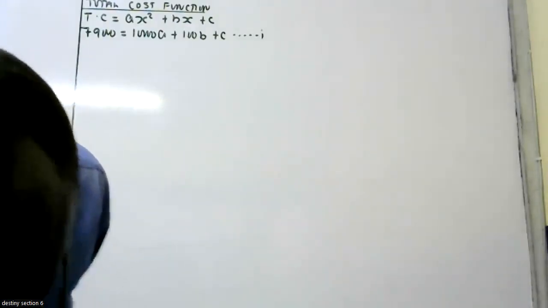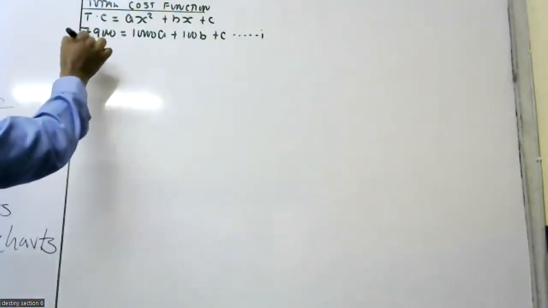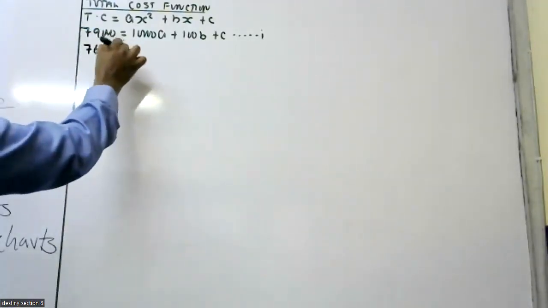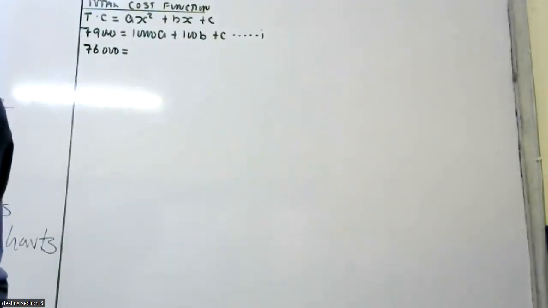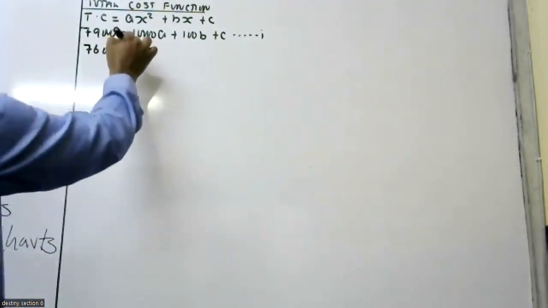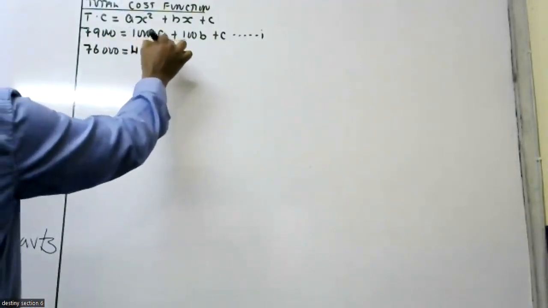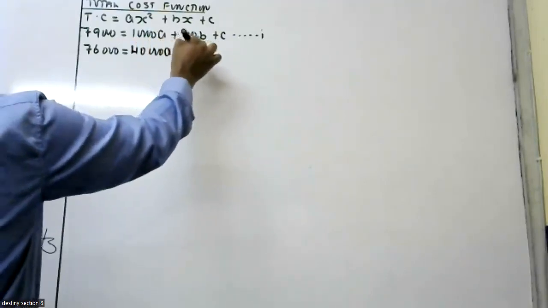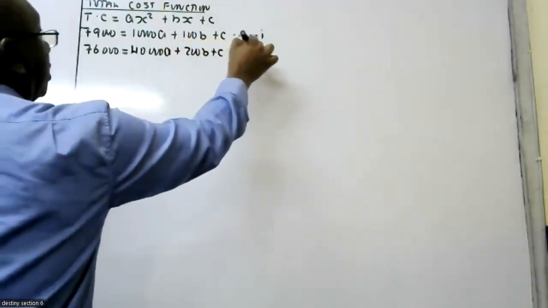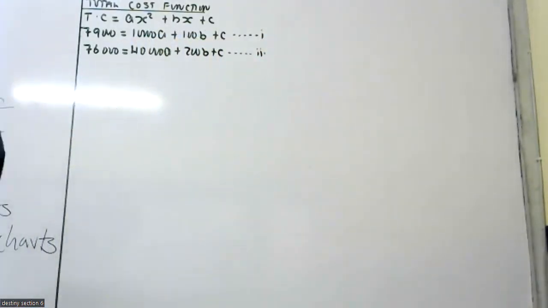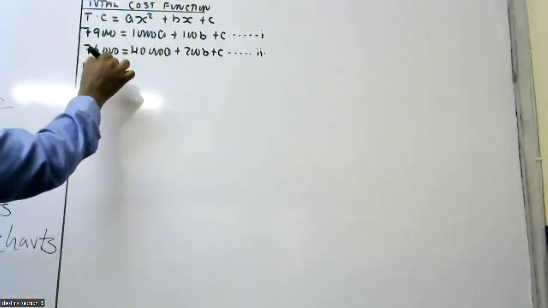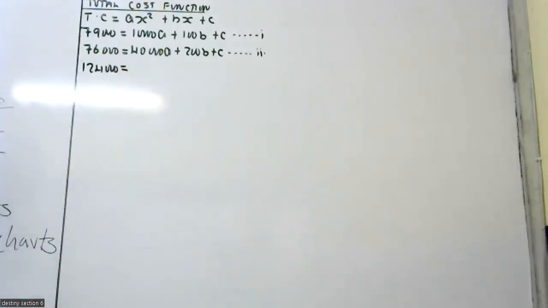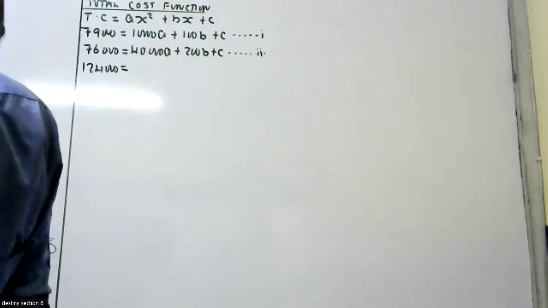Then the other one is 76,000 at 200. If you get 200 squared, it's going to give you 40,000 A plus 200 B plus C. And that one is our equation number 2. Then 124,000 is equal to, tell me 400 squared is what?